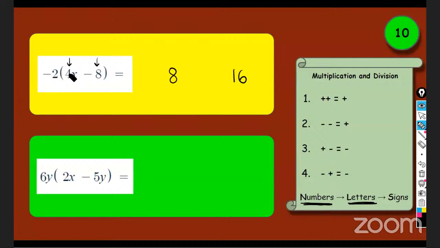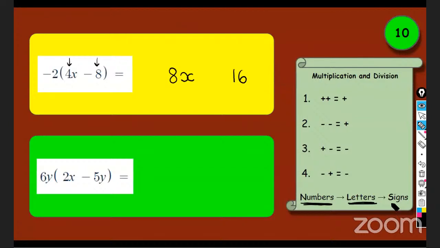X. So you have to put back the X here. When you were multiplying the 2 by the 8, are there any letters involved there? Let me know in the chat. When you're multiplying the 2 and the 8, are there any letters involved? No. So there's no letter to put by the 16.